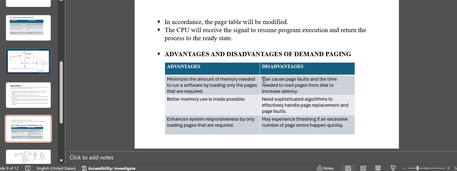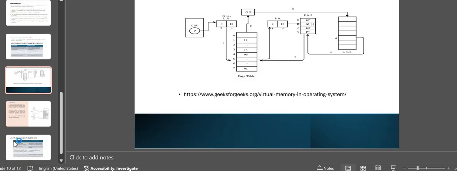And disadvantages: it can cause page faults, and the time needed to load pages from the disk increases latency. It needs sophisticated algorithms to effectively handle page replacement and page faults, and may experience thrashing if an excessive number of page faults happen quickly.